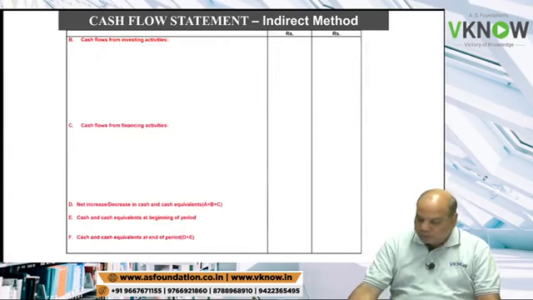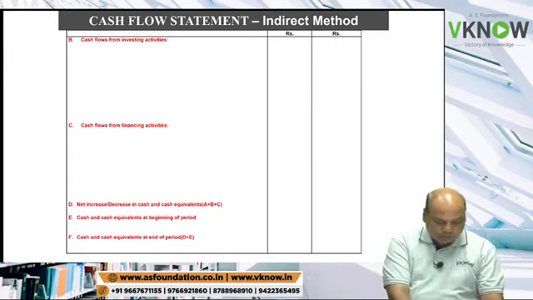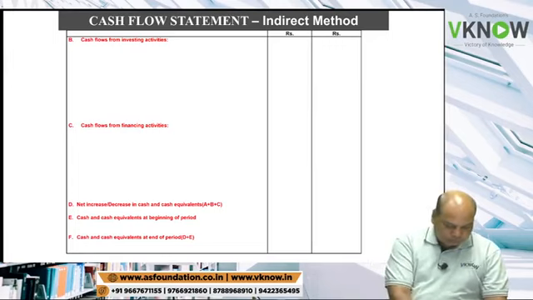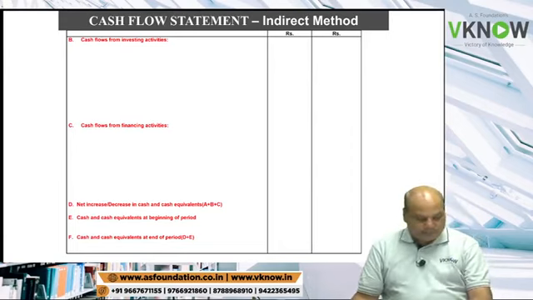Then write down point number B, cash flow from investing activities.